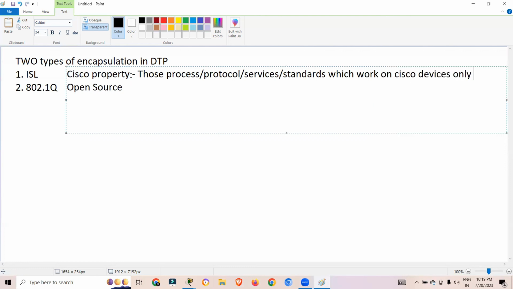Are called Cisco property. That is, what works only on Cisco is called Cisco property.